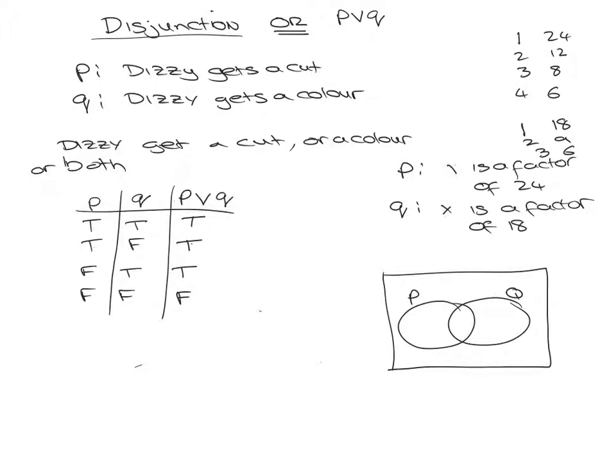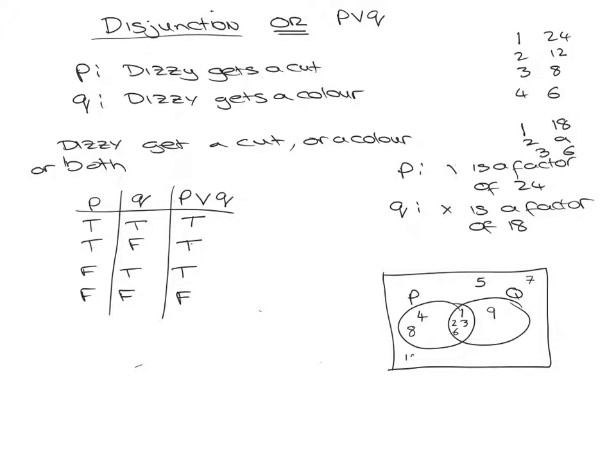So looking at that in common, we have 1. 2 is also a factor of both. 3 is also a factor of both. 4 is only a factor of 24, so 4 goes in here. 5 isn't a factor of either, so that goes out of here. 6 is a factor of both. 7 isn't either. 8 is a factor of 24. 9 is a factor of 18.